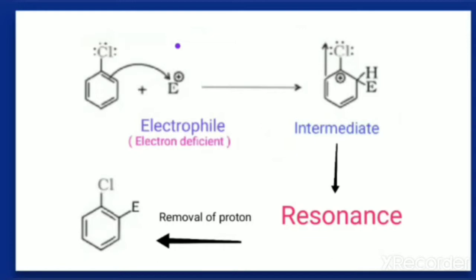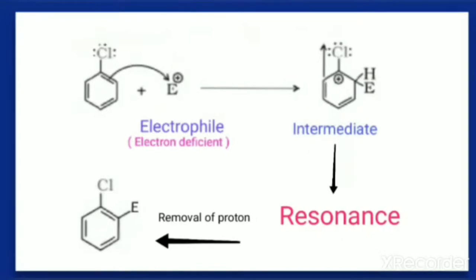So it forms an intermediate, which is shown here, and which undergoes resonance, and with the removal of that proton, that is this H, it gives rise to the product. In the product you can find that E, the electrophile, is bound at the ortho position. You can find here E is at ortho position.